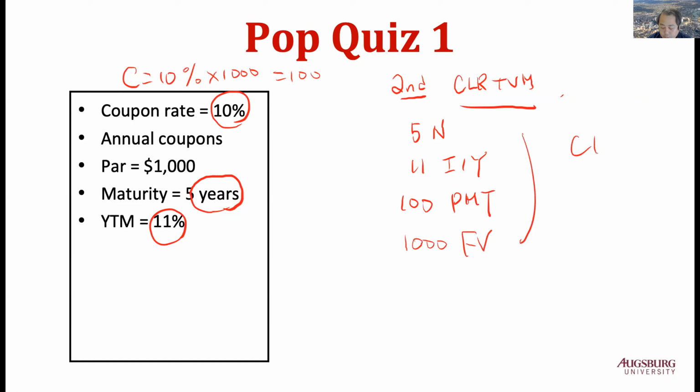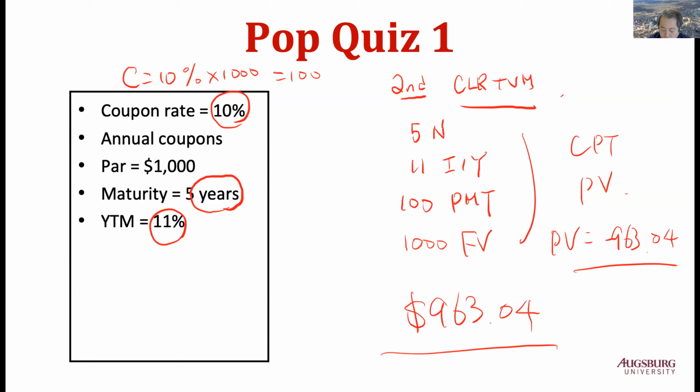Then compute present value. Then you get a present value equal to negative 963.04. So the bond price will be $963.04.